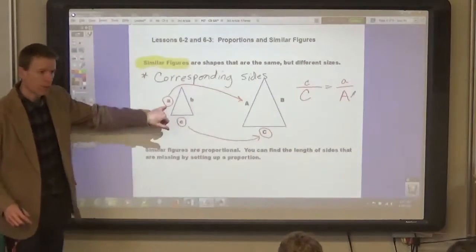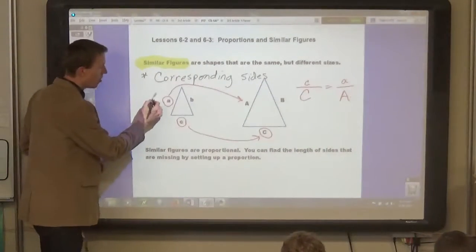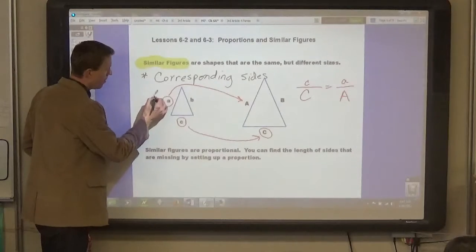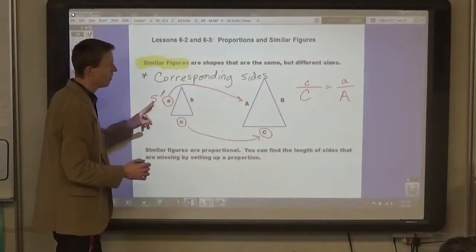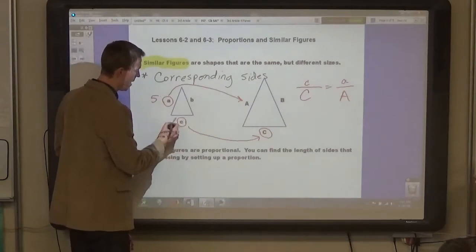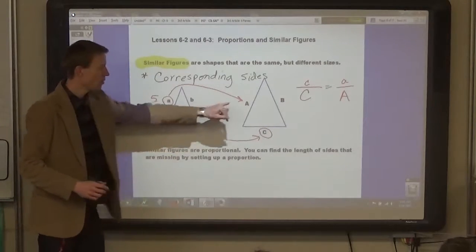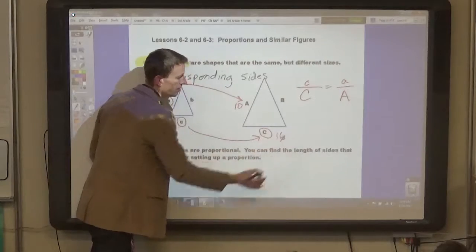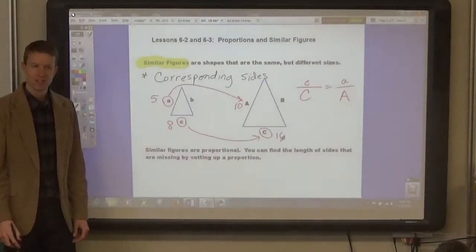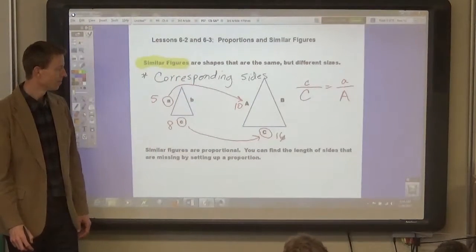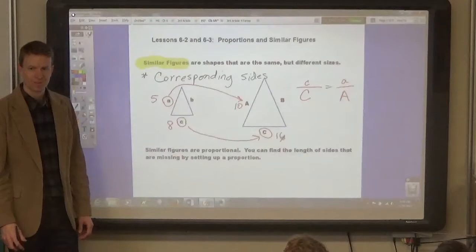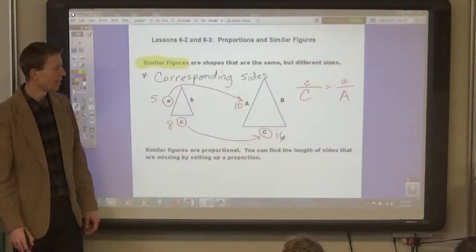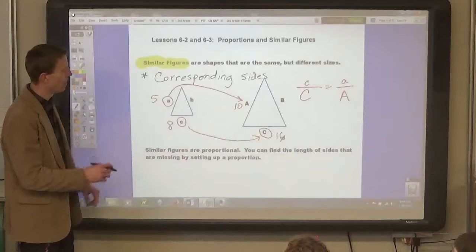We've been working with proportions. So if this was 5 and 8, then this would be 10 and 16. Actually, we should reverse those numbers based on the drawing.